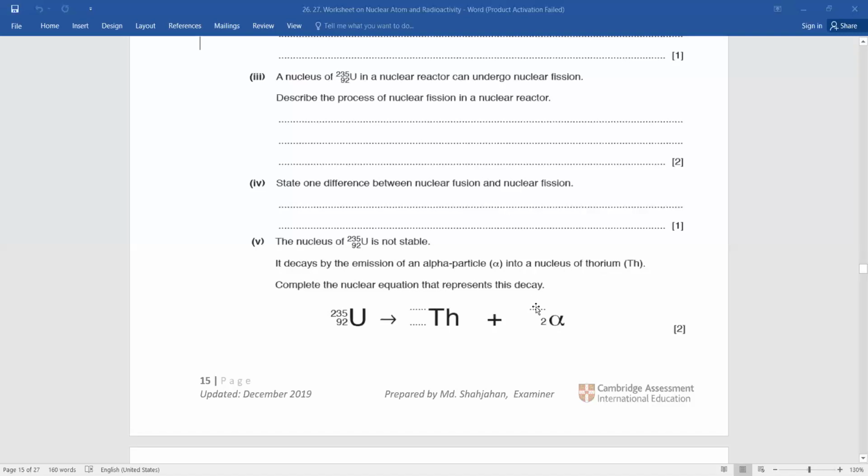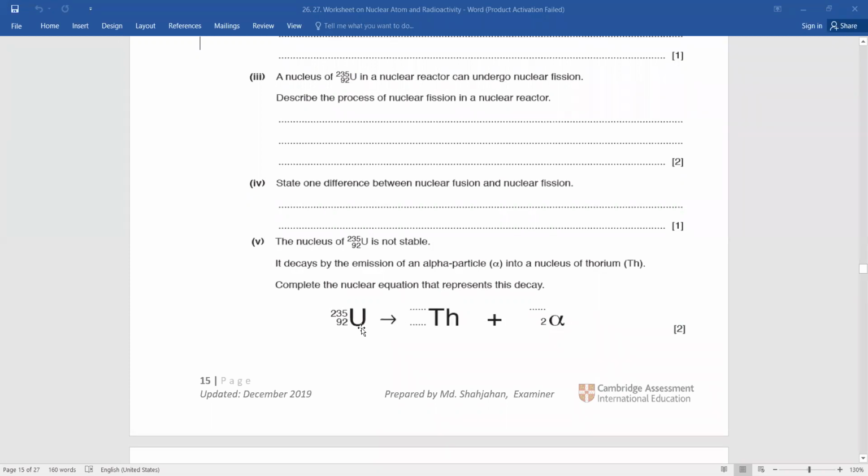So if here we are having 4, then 235 minus 4 is 231. So beside thorium, are you writing, Moshi? Yes, sir. Write the equation and write here in thorium mass number 231 and the atomic number should be 90. 2 is gone with alpha. 2 protons are gone there.